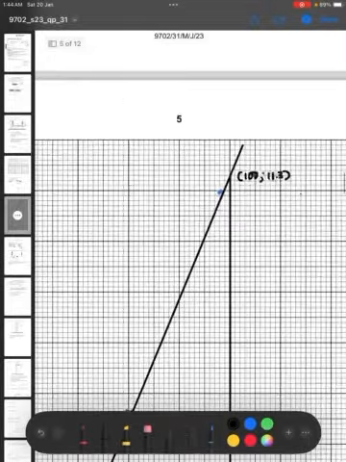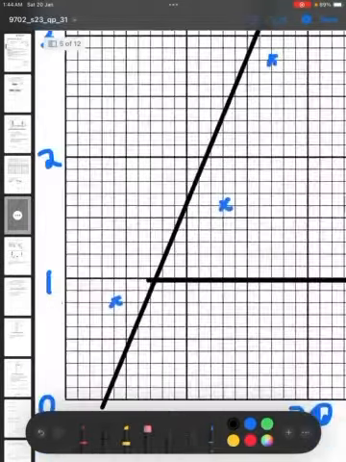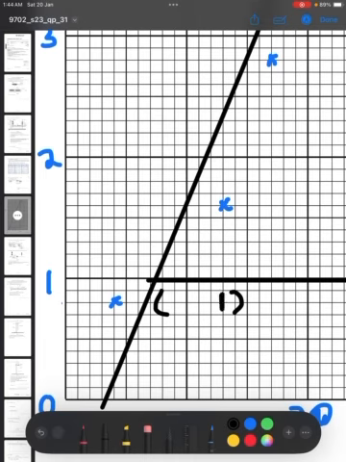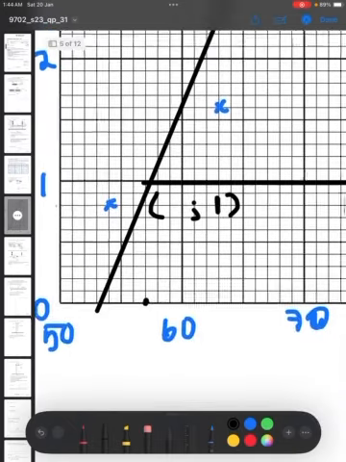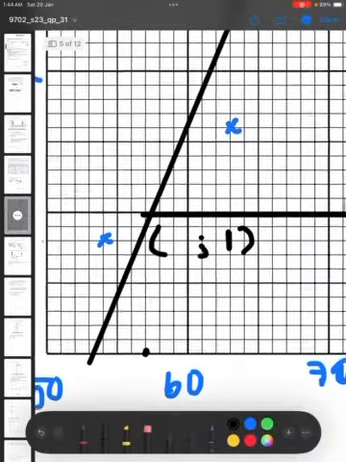Okay, then next let's find the coordinates of this point. Obviously the y value is 1, but the x value, I think that since it's coming after this point is actually 57, so that's approximately 57.5.